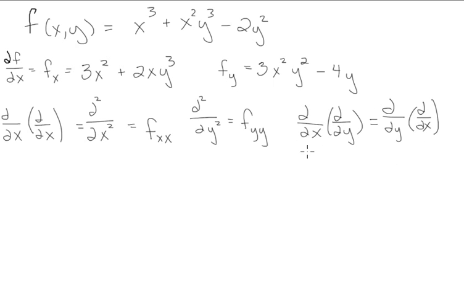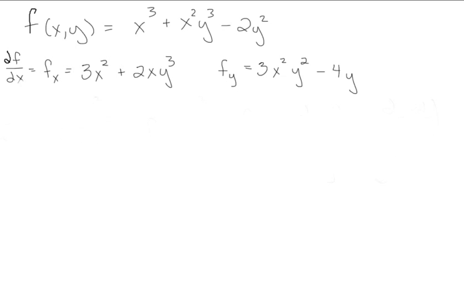Okay, so if I take the derivative with respect to x and then the derivative of that with respect to y, I should get the same answer as if I do it first with respect to y and then with respect to x. And I'll go ahead and show you that that's true on this function. It is universally true, and your professors will assume that you know that.